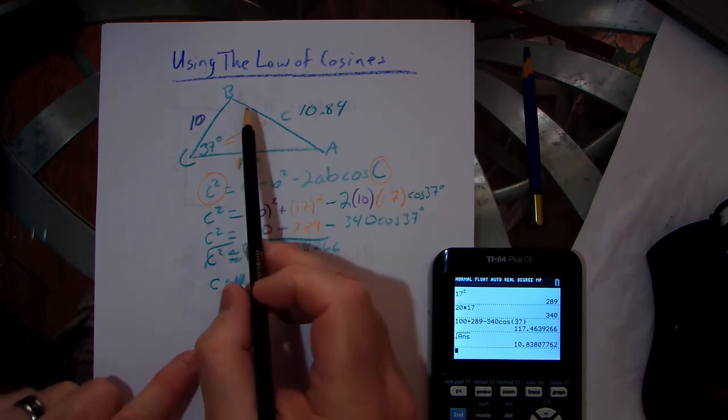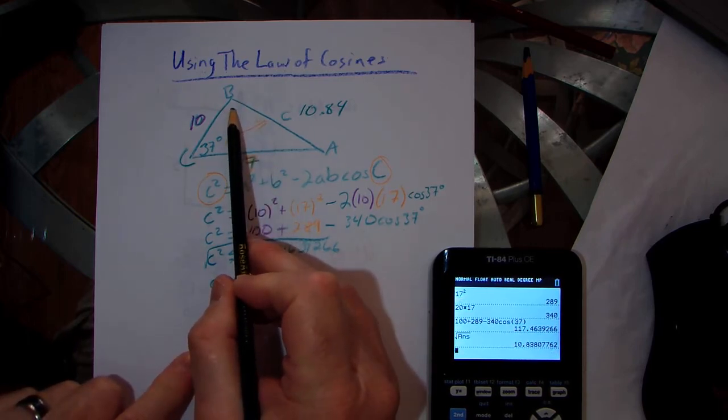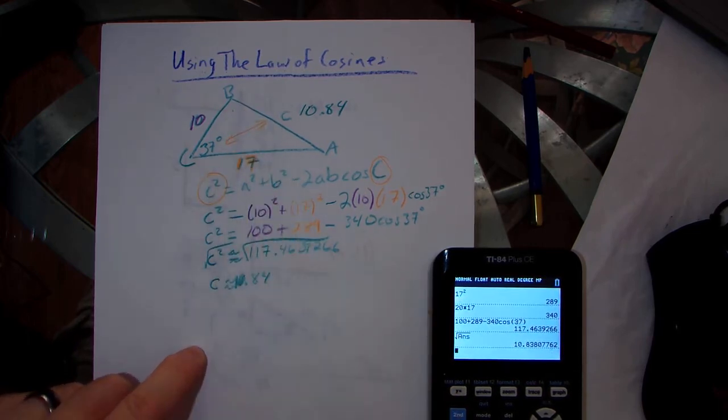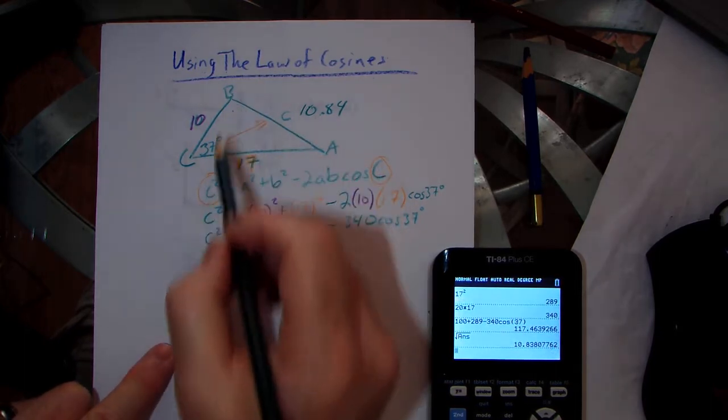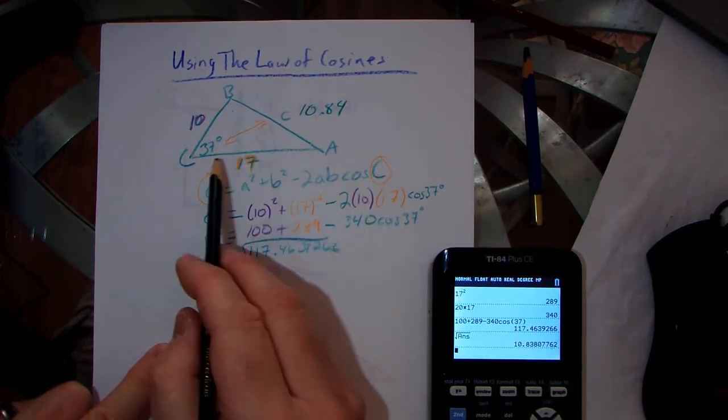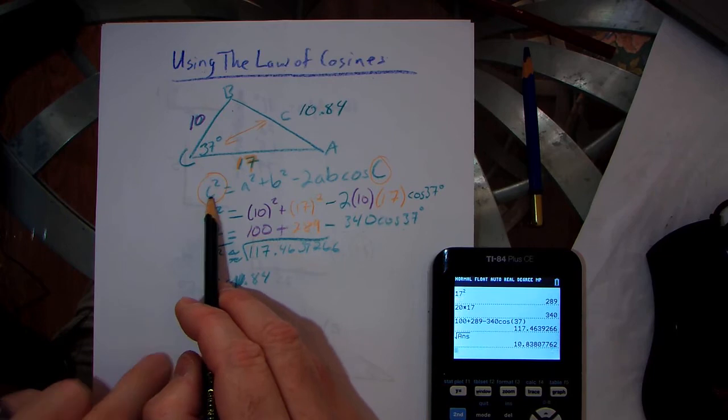Now, if I wanted to find the measure of angle B, I can actually use law of cosines again, except this is now going to be this angle, so the 17 is going to end up over here.